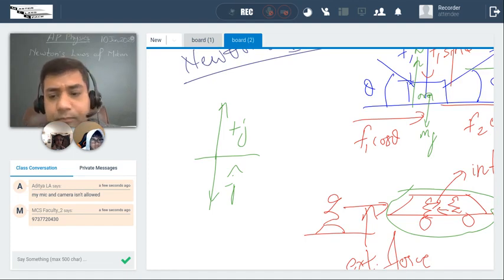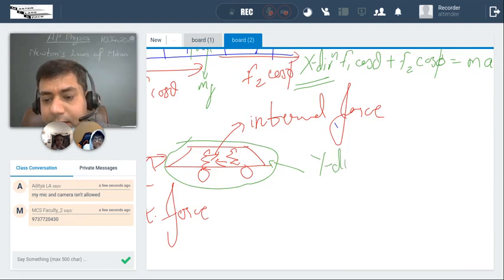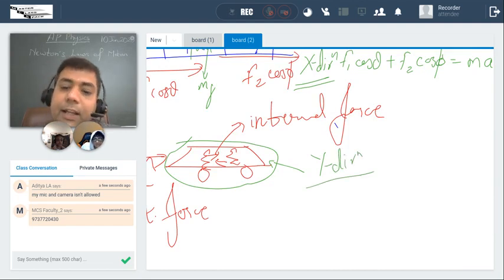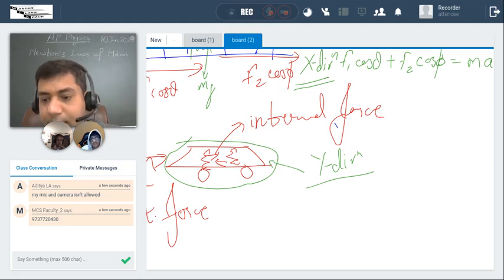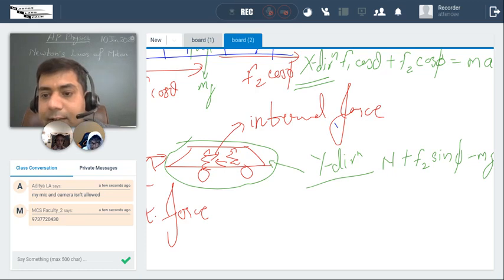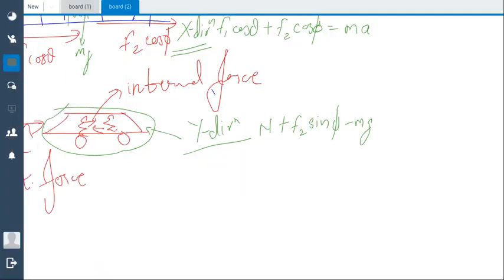For the y direction, I can write, taking upward as positive: upward forces are normal reaction plus F2 sin phi, minus mg, minus F1 sin theta. It is going to be equal to what, Ishita? 0. Perfect.